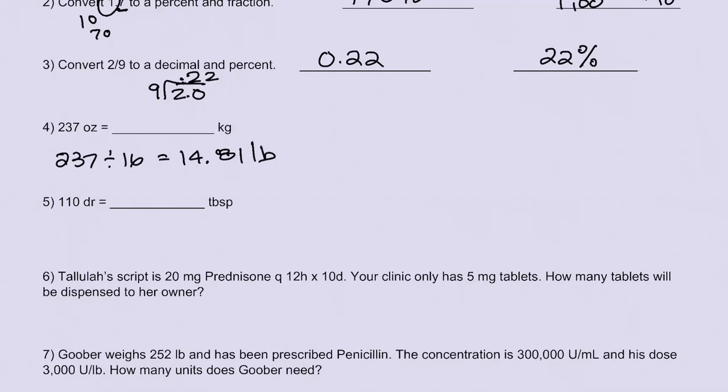All right, so now I want to get that down to kilograms. So I'm going to go ahead and take 2.2, divide that into 14.81, and that will give me 6.73. So 6.73.